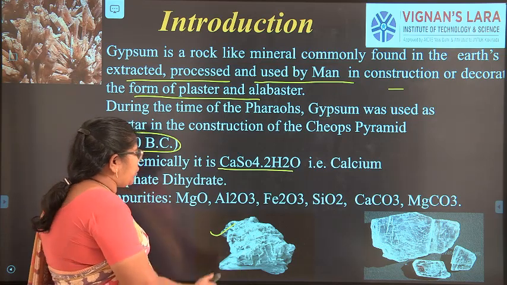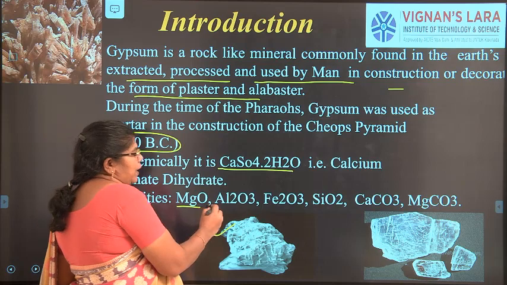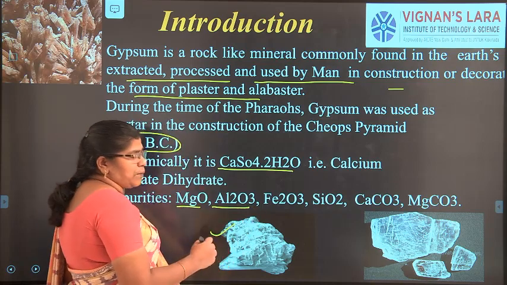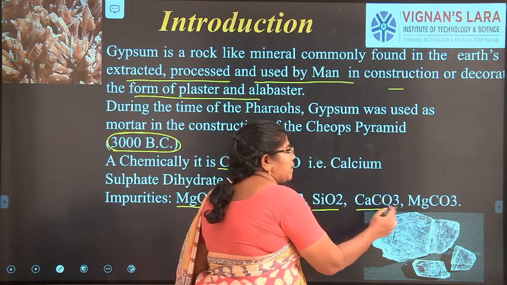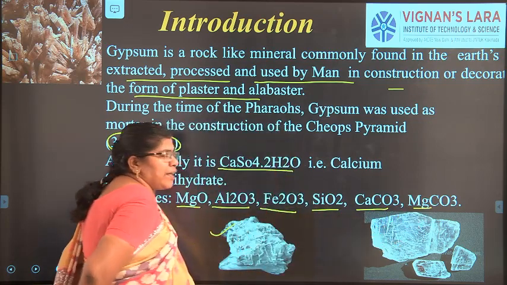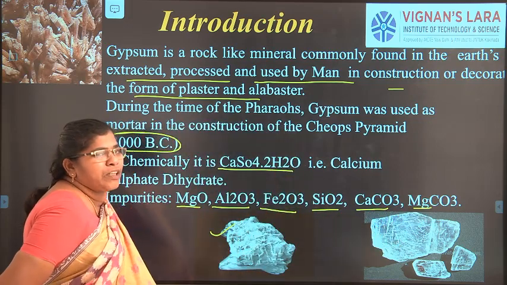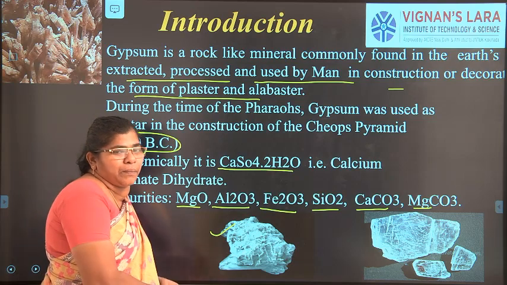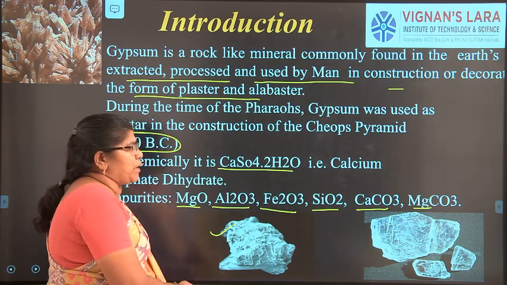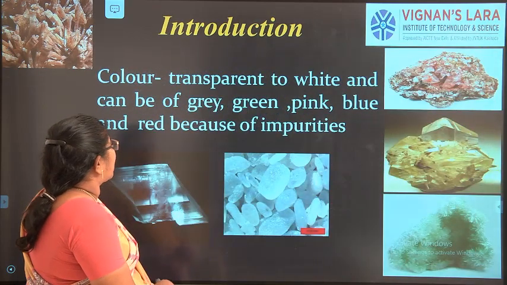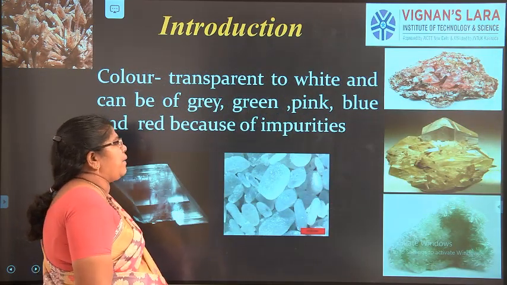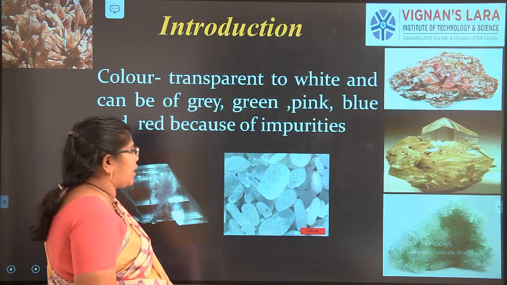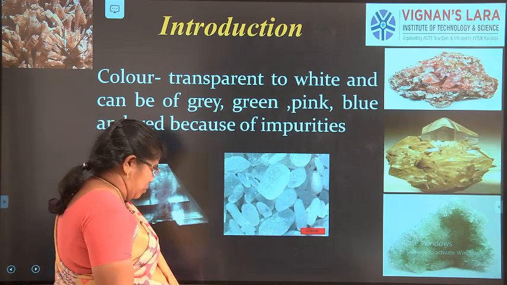It is mainly due to MgO, Al2O3, that is aluminum oxide, ferric oxide, ferrous oxide, silica, calcium carbonate, magnesium carbonate. These are mixed in gypsum, which gives some colors to the gypsum. But pure form of gypsum is white in color. So the color is transparent to white and can be grey, green, pink, blue and red because of the impurities, as I told you now.